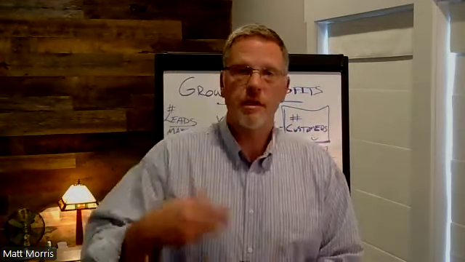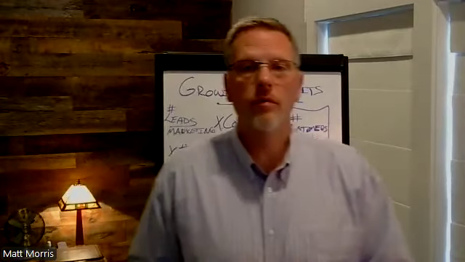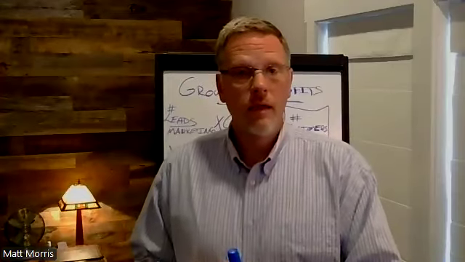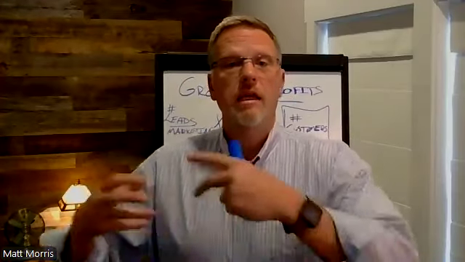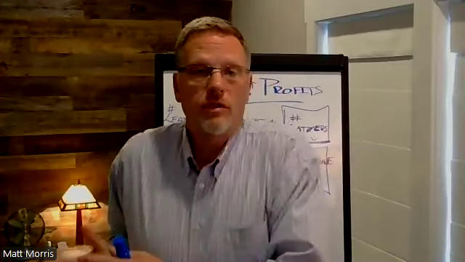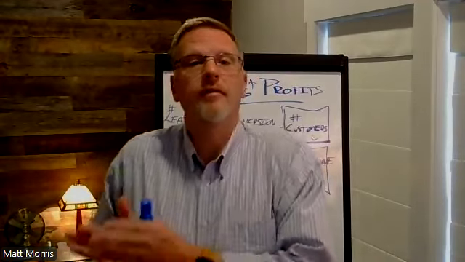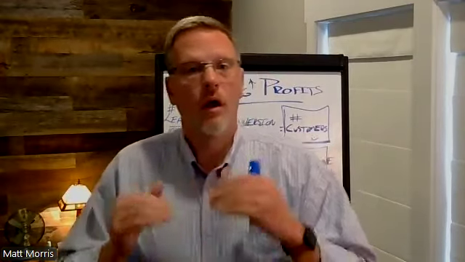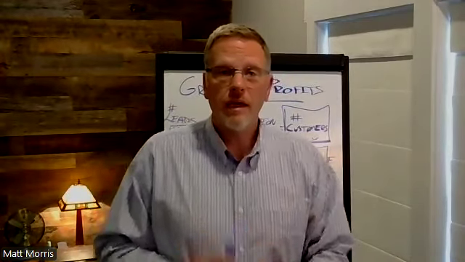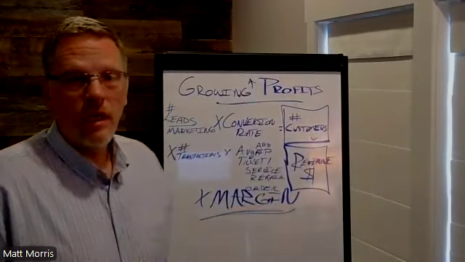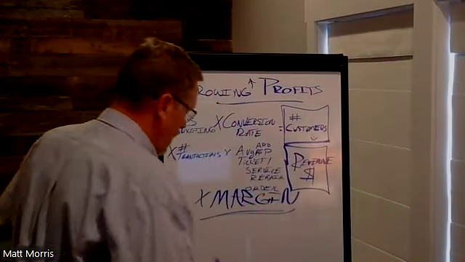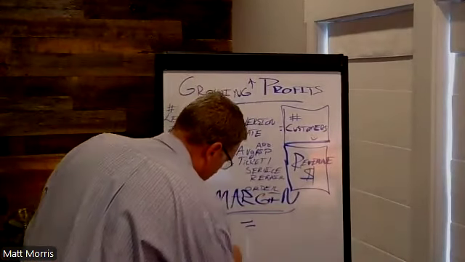That means that 80% of the process should be running like a well-oiled machine so that the interpersonal side of the business can get the attention it deserves, and the person owning the business gets the benefit of business ownership that they deserve. All right. So with that being said, the profit margin is how much of the revenue you get to retain. And so that's where we now get profit.